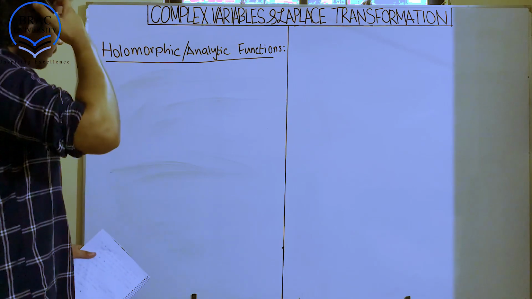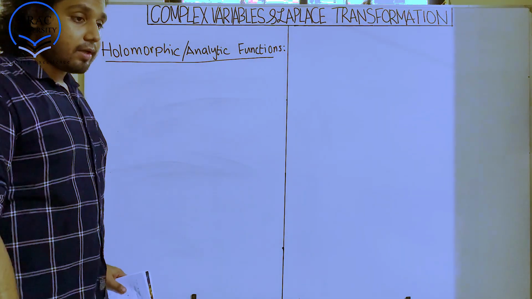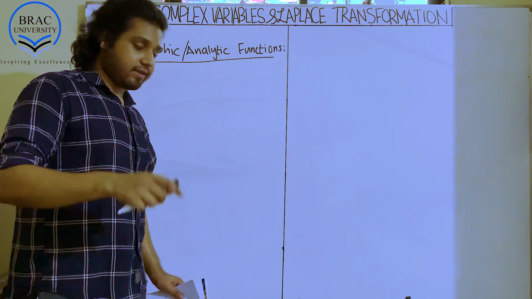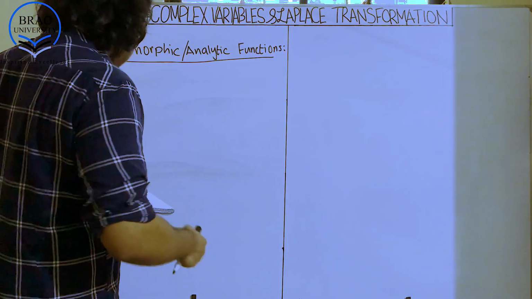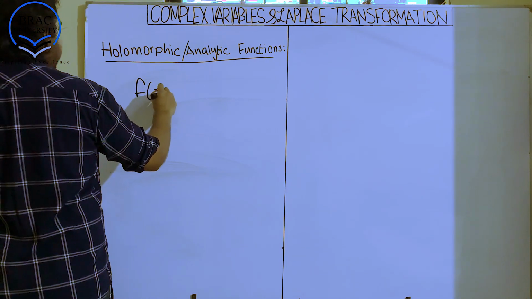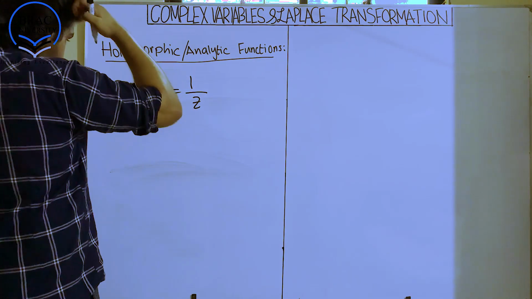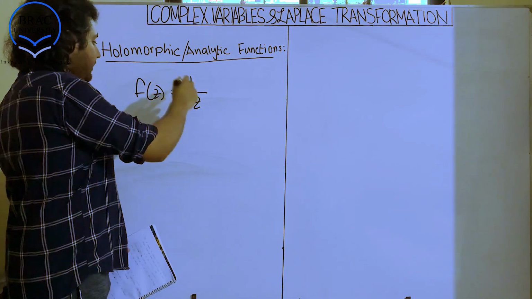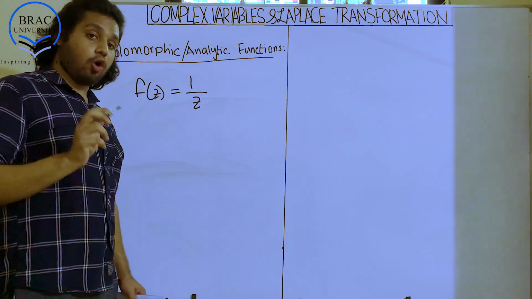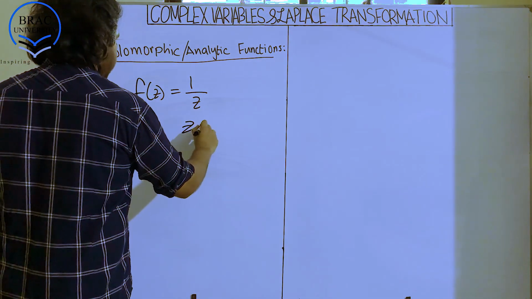Now, I would like to show an example of a function which has some analytic behavior but also has some weird behavior. Take for example a function f of z equals 1 over z. Now, this function is analytic for all points of z except z equals 0.